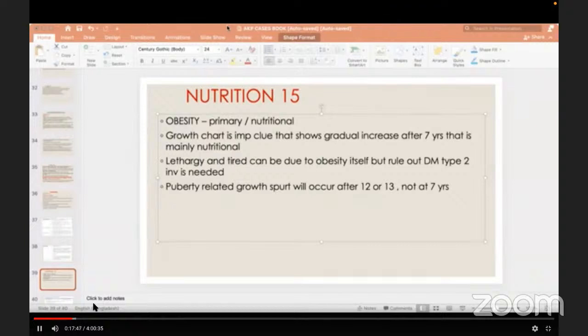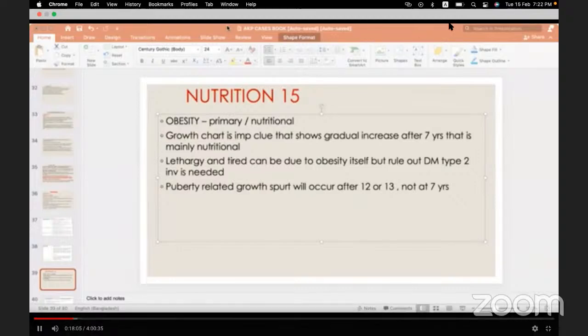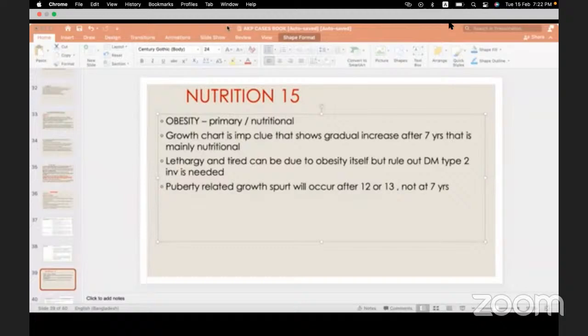What is the most important investigation at this stage? MRI, we will not do. Echo, we will not do. Lipid profile, yes, it is important. Thyroid function, yes, it is important. But the most important is to check for diabetes mellitus. Among these 5 options, I will check glycosylated hemoglobin, because the child can develop type 2 diabetes mellitus.